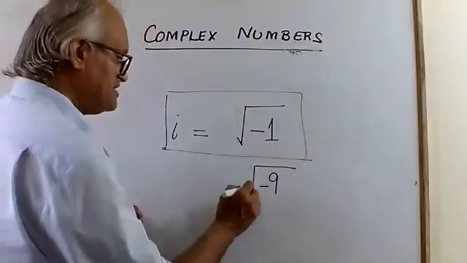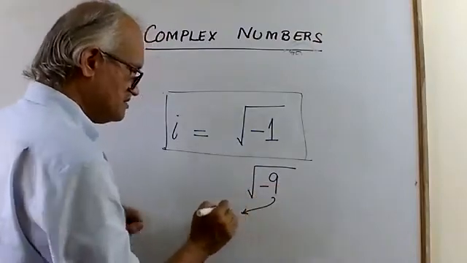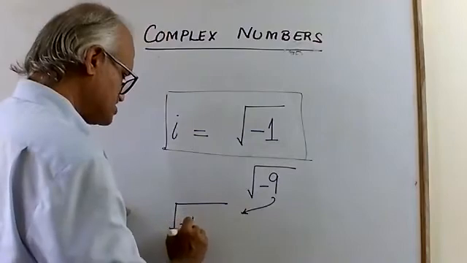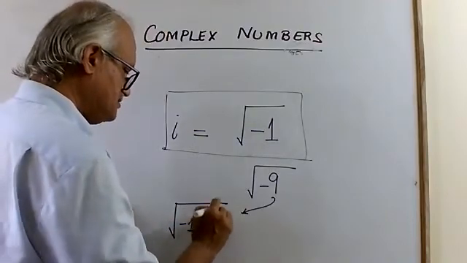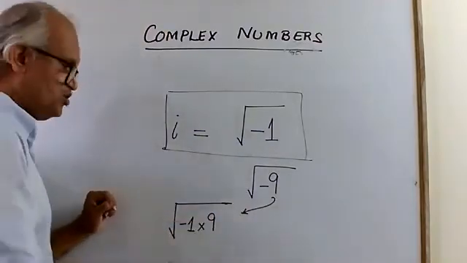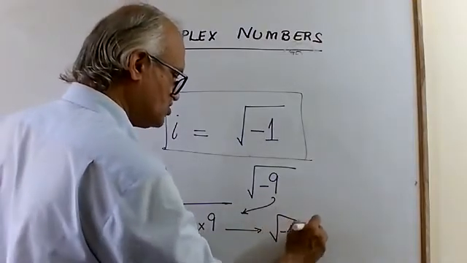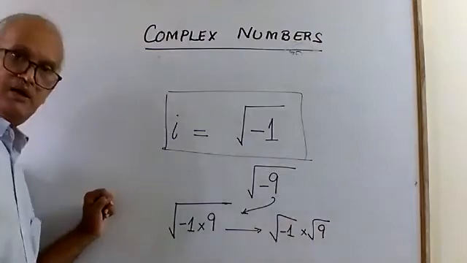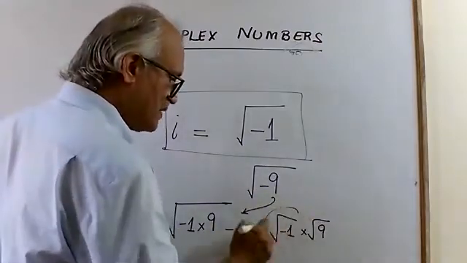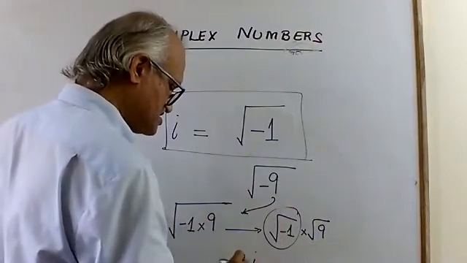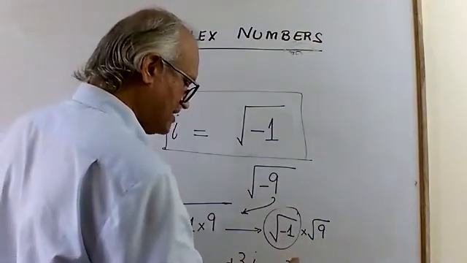Now you can say square root of -9 is represented as square root of -1 into 9, which can be represented as square root of -1 into square root of 9. And then accordingly, this part becomes i and this part can become +3. It can also become -3.